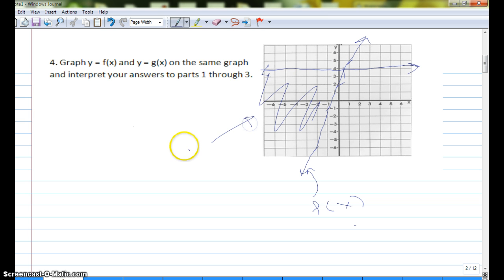That's where f of x is less than g of x. Then at that point where they intersect, they're equal. And then after that, our non-horizontal line, f of x, is above our horizontal line. It's bigger than it. So there, all of those x values, that's where f of x is greater than g of x. Okay, so we have this all summarized in our notes.